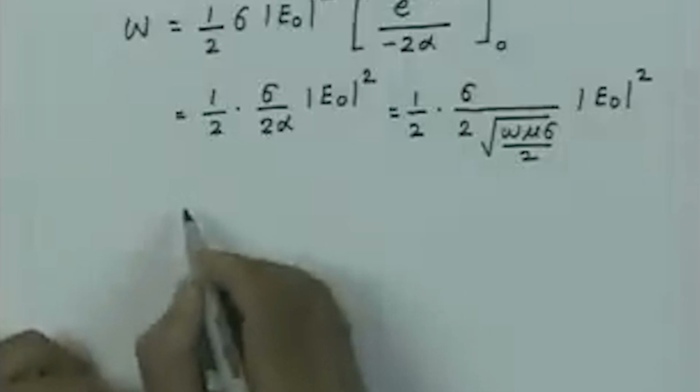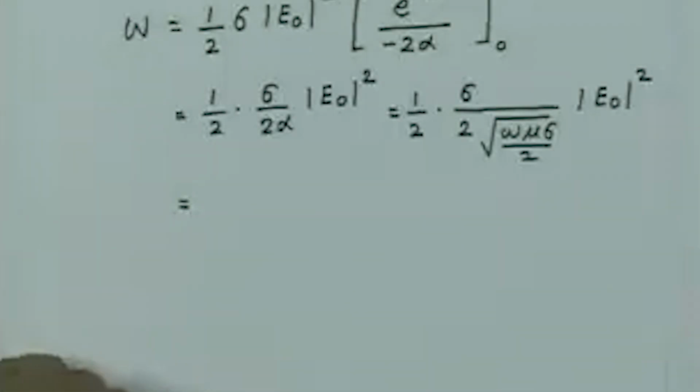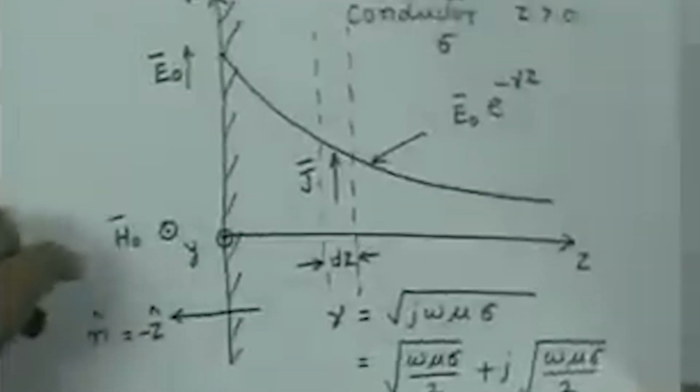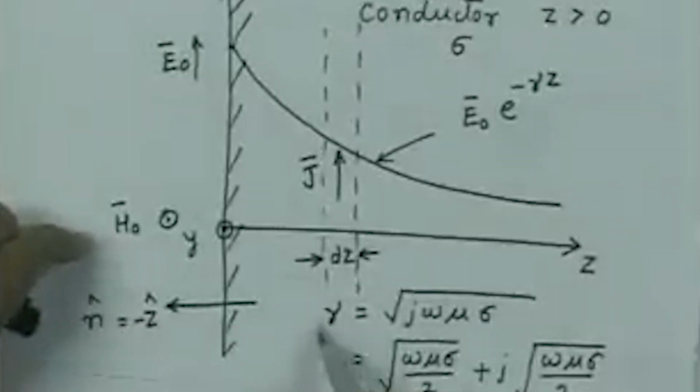Note here that alpha is this quantity, but mod of gamma is square root of omega mu epsilon.